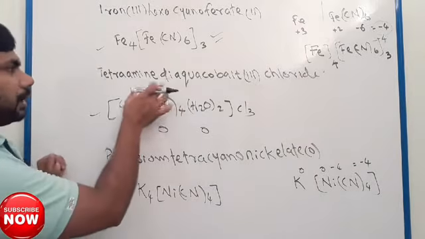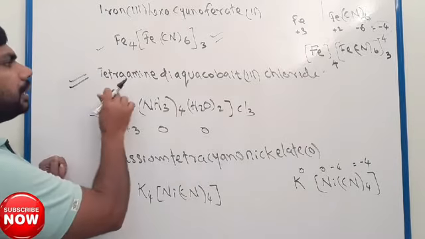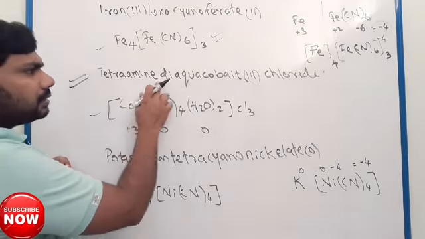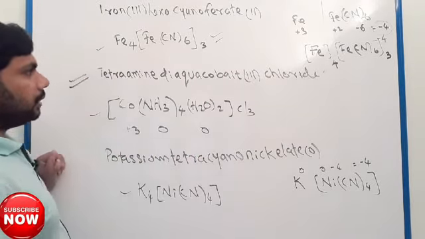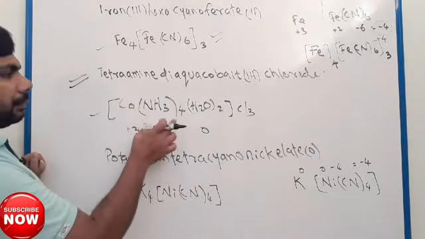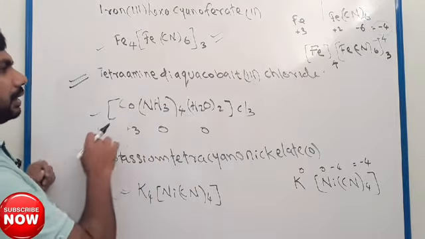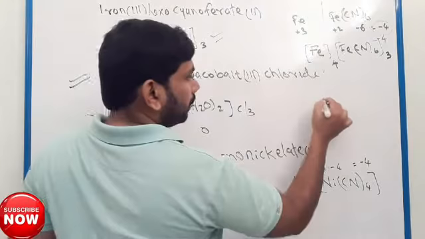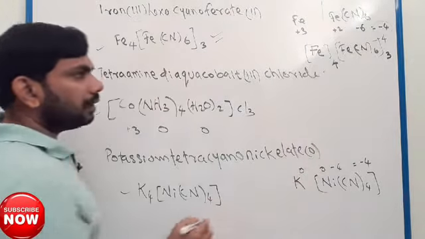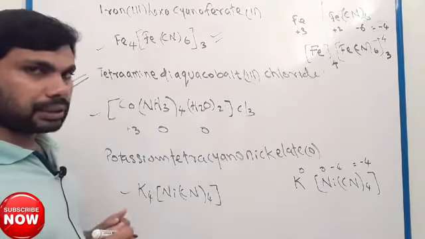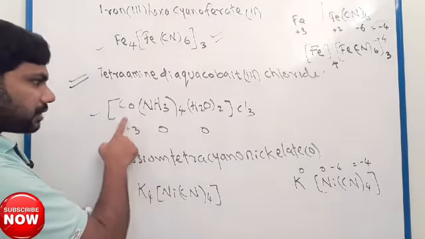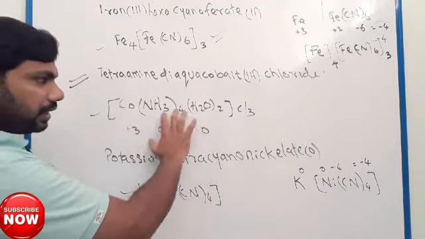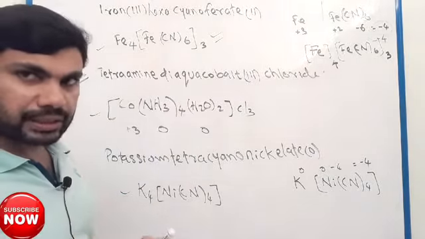Look here, next one, the second one. Tetraamminediaquacobalt(III) chloride. Okay, tetraammine. We learned the rules. First we have to write cobalt, the transition metal. Then we have to arrange ligands in alphabetical order.